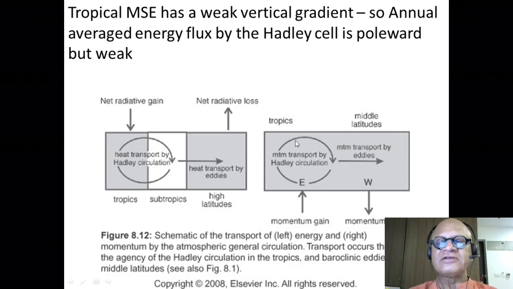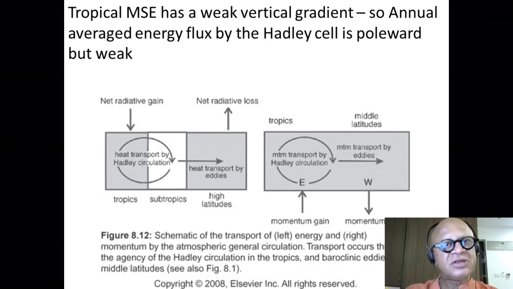The Hadley cell is also transporting angular momentum, and then eddies are transporting the angular momentum northward as well. But the mid-latitude westerlies obviously are losing the momentum to the surface.